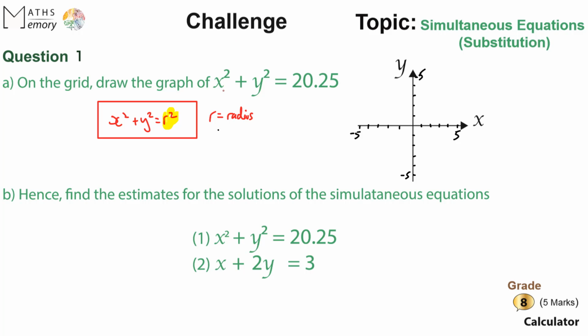So if you look at this, x squared plus y squared equals 20.25. It's pretty self-evident that 20.25 represents r squared over here. So let's do the square root of 20.25, and we're going to get 4.5. So basically, 4.5 is our radius, or r. Let's look at the graph over here.